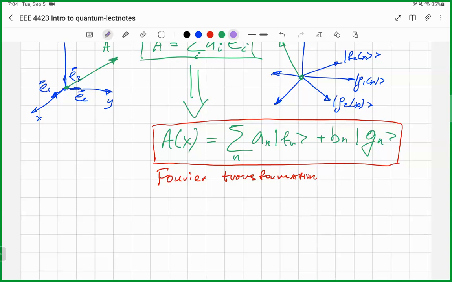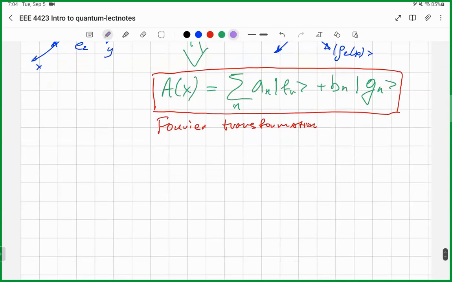And yes, so this is the generalization of the concept of a vector and the concept of a space. So we see that the space can have infinitely large dimension.